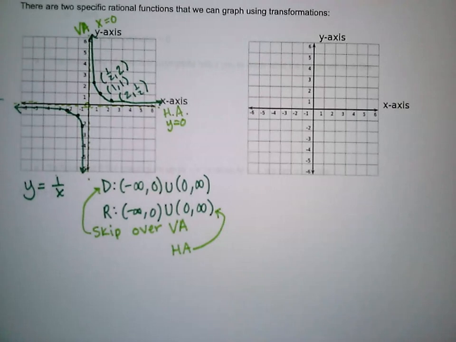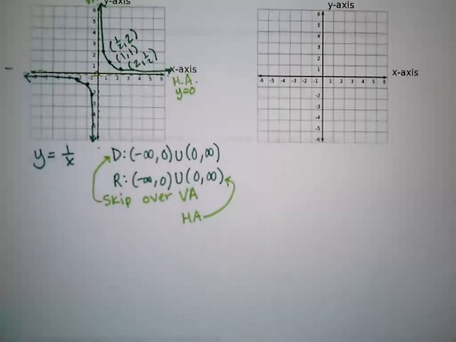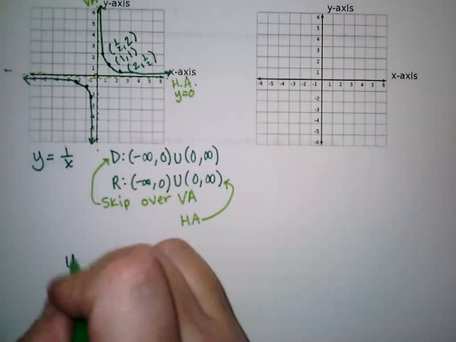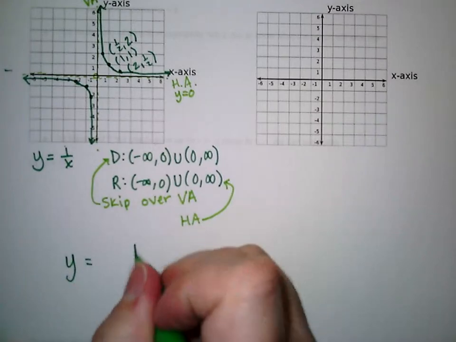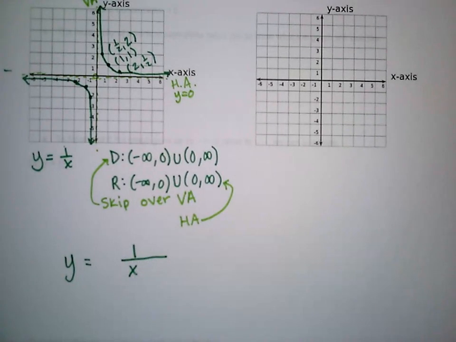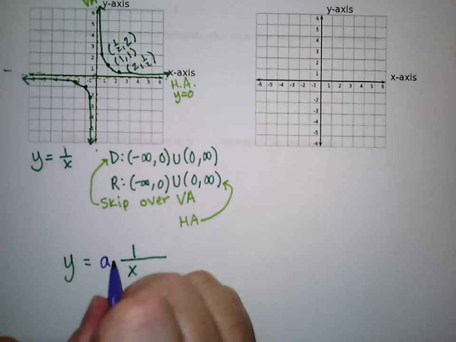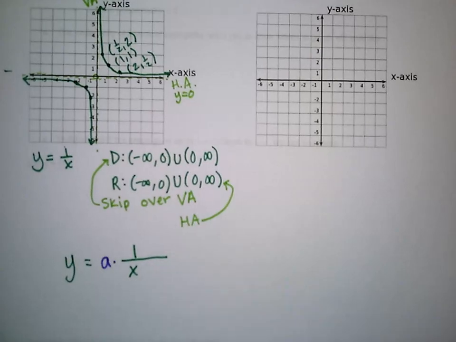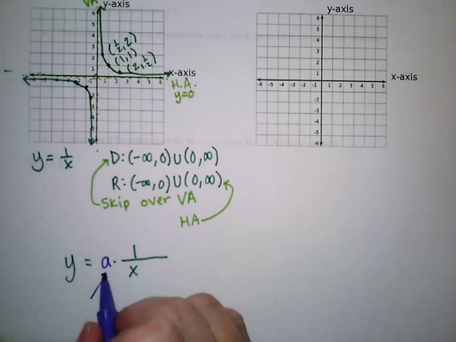The way that we apply transformations to this function, so we'll have y equals 1 over x as our general function. And then we might have a number multiplied out front. Sometimes you'll also see that number up in the numerator, but it's going to mean the same thing.